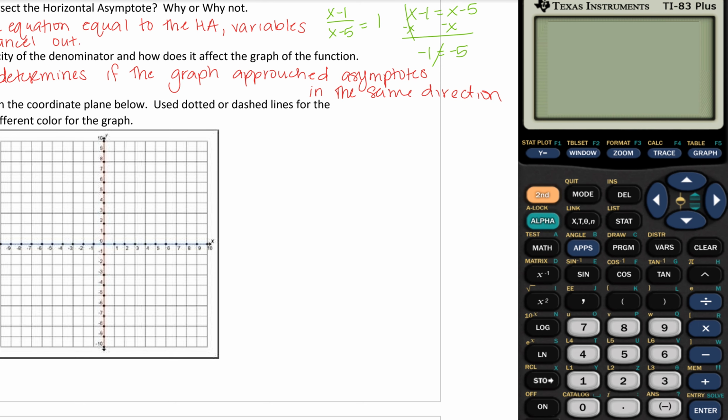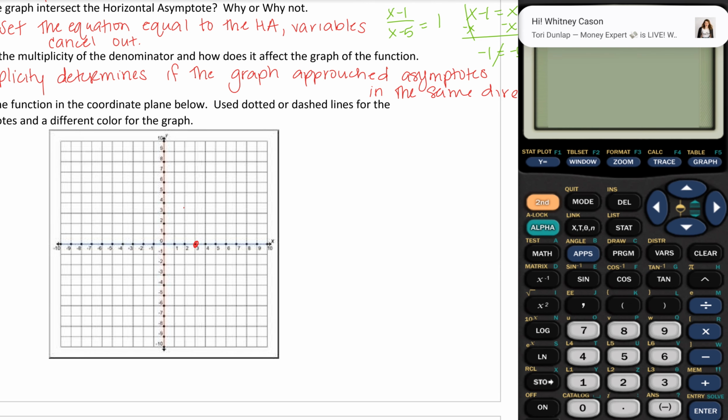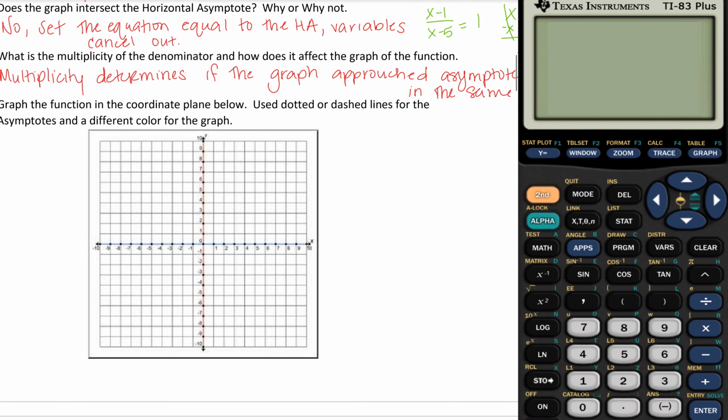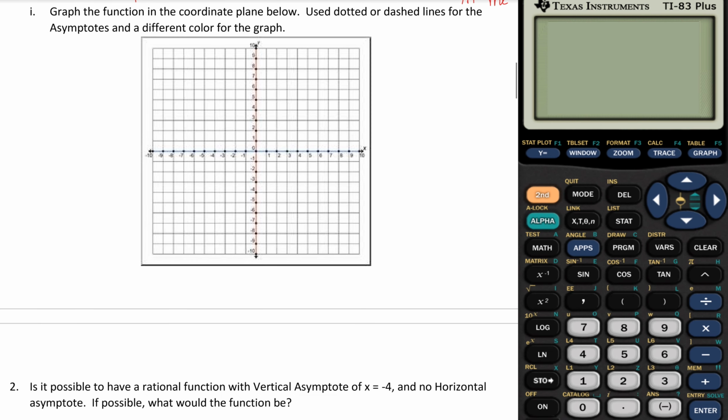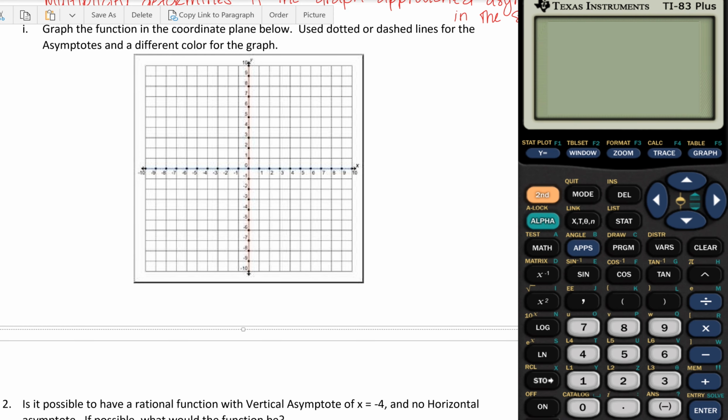Another way to simply look at that is, say we have a multiplicity of 3, what'll actually happen is it'll bounce off the 3 and it creates a curve. But the more fancy way to say it is multiplicity determines if the graph approaches the asymptote in the same direction.